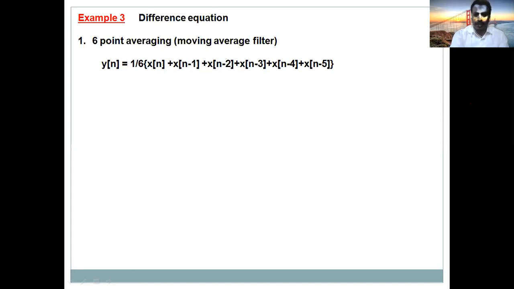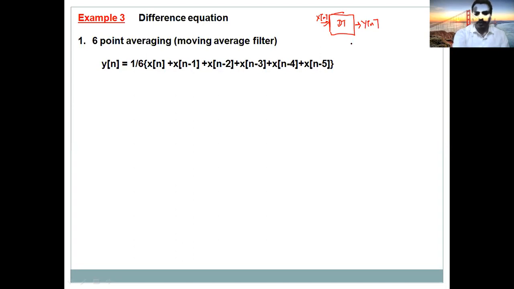So generally we have seen for any discrete time system, discrete time systems take inputs. After processing, they give us a new signal, output or response y of n, right?